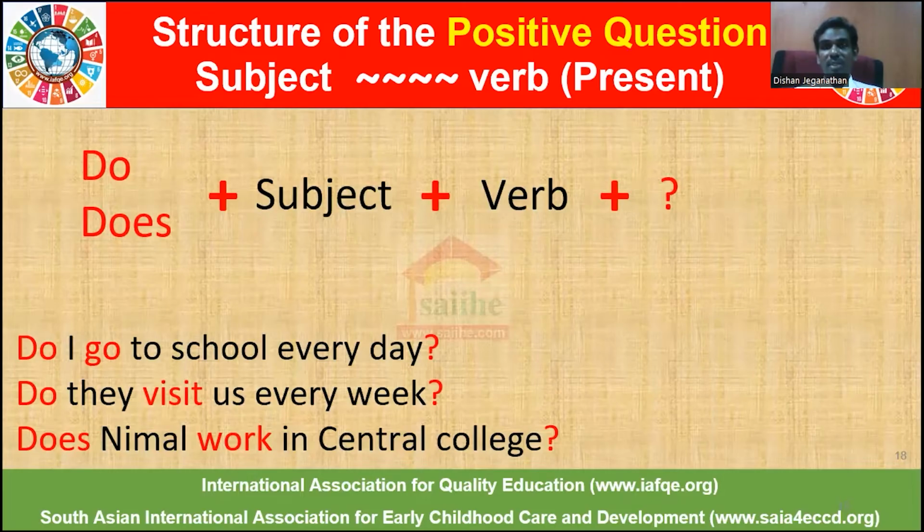The difference between the sentence and the question is the subject usually comes at the beginning in a sentence, and when it's a word question, the subject is followed by the question word. Here the question words are do and does. So let's look at the examples so that we could get an idea of positive questions.